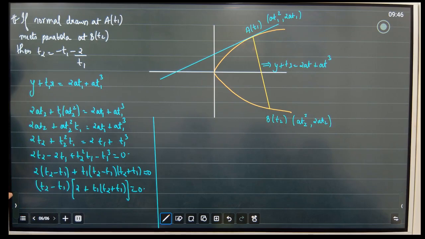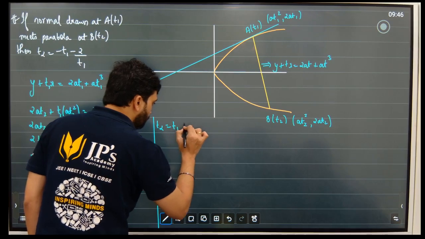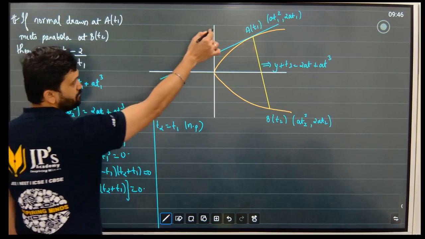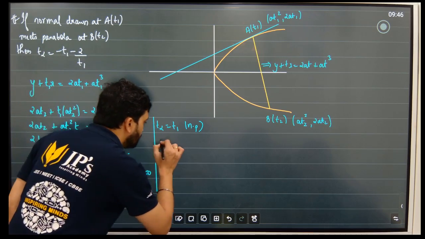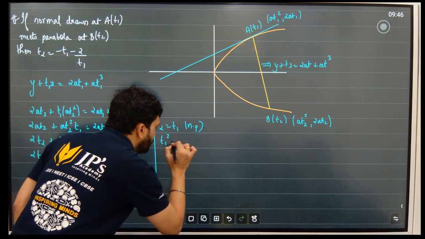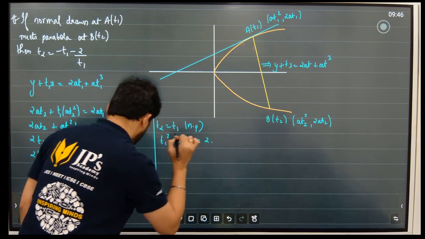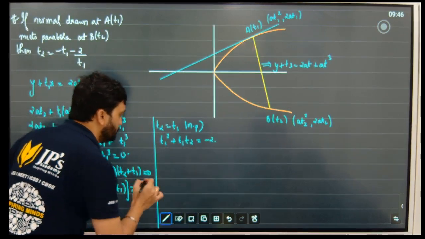Okay, now this gives that either t2 is equal to t1, which is not possible. They both can't be the same because then it would become the same point, so it is not possible. The second condition is t1 square plus t1 t2 plus 2 is equal to 0. I'll divide by t1.